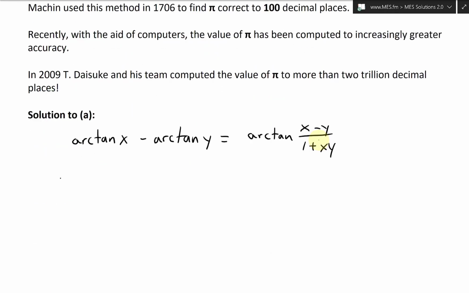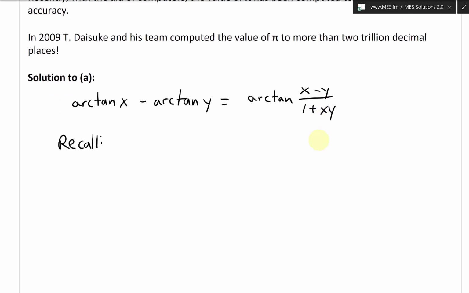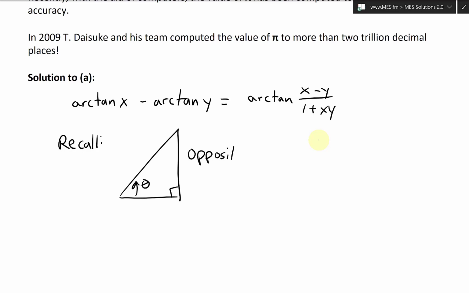And just recall the definition of arctangent, whenever you're dealing with inverse trigonometry. If you have a triangle, here's theta, with the opposite side right here and the adjacent side, and we're dealing with tangent.